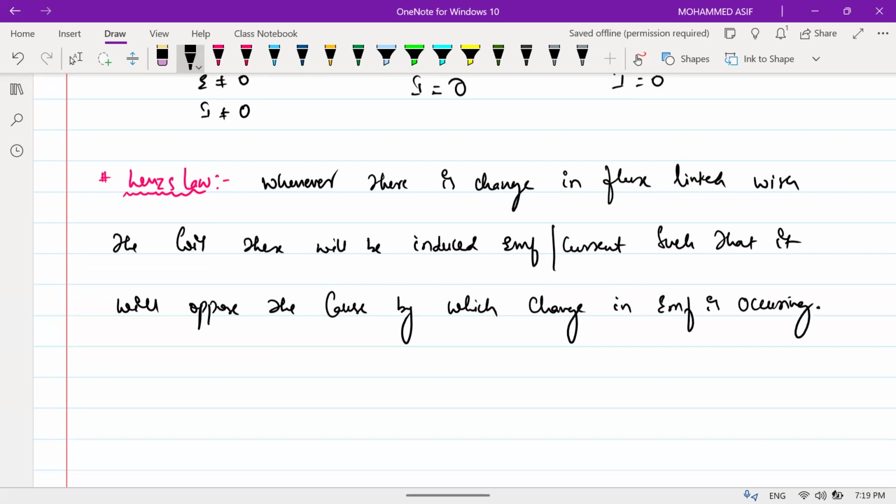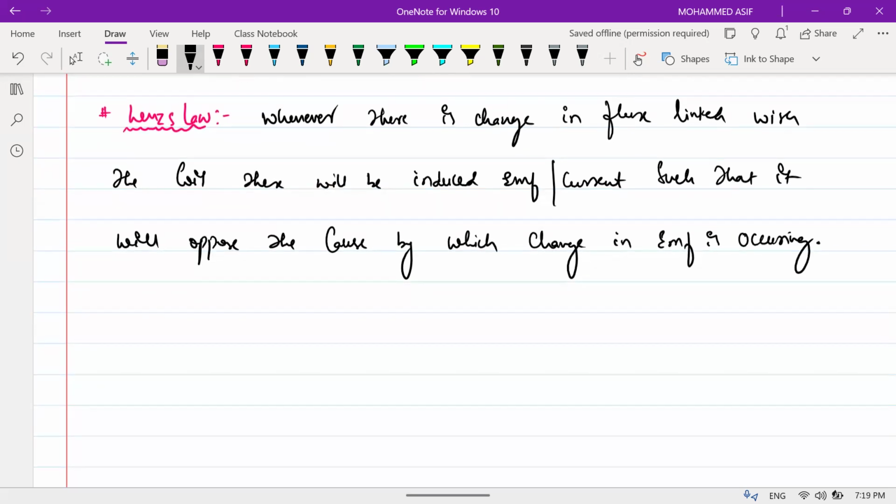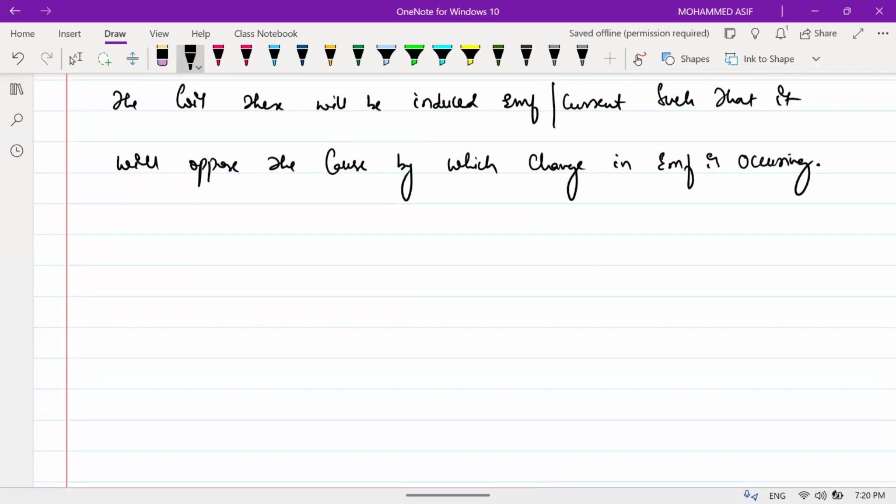Am I clear? Whenever there is a change in flux with the coil, there will be an induced EMF or induced current, such that it will oppose the cause by which the change in flux is occurring. That means who is producing the current. Or I can even write the definition like this.